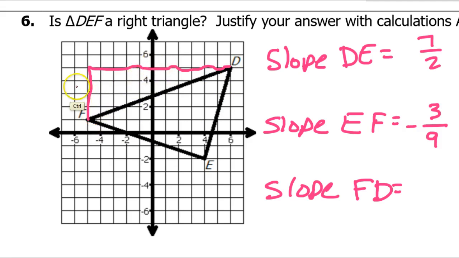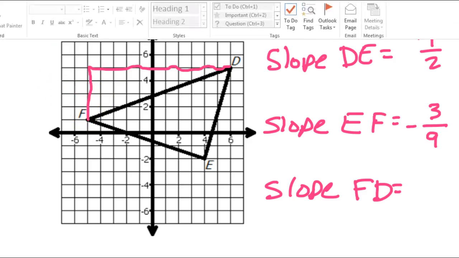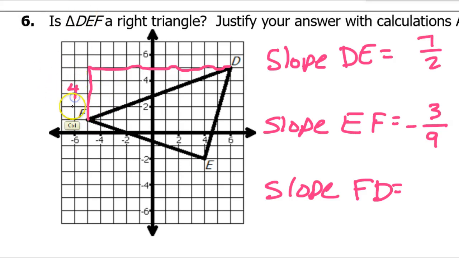So this is 5. And this is, let's see. It was 5 to the left. Wait, is this 5? No. It's 4. This is length 4, and this is length 11. Those are big numbers, 4 and 11. So that's my rise and my run.